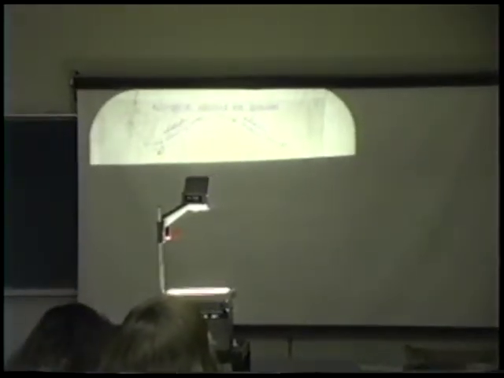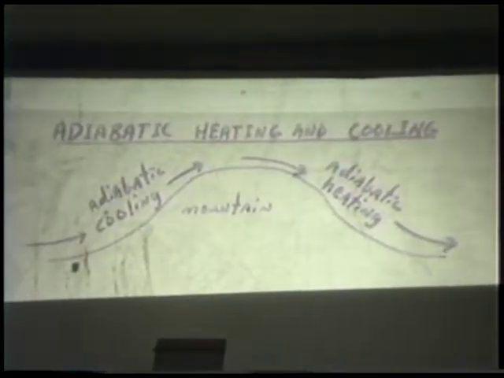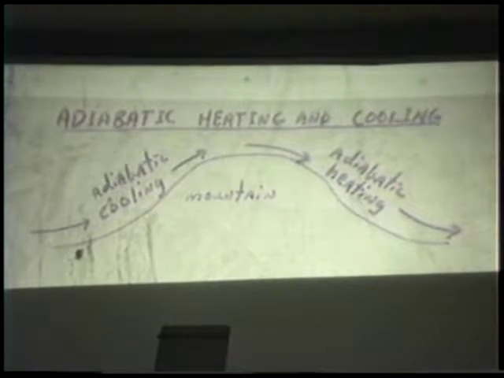The way in which we're going to talk about the effect of specific elements of weather and climate on the general total environment is by considering what we call the adiabatic process of heating and cooling.